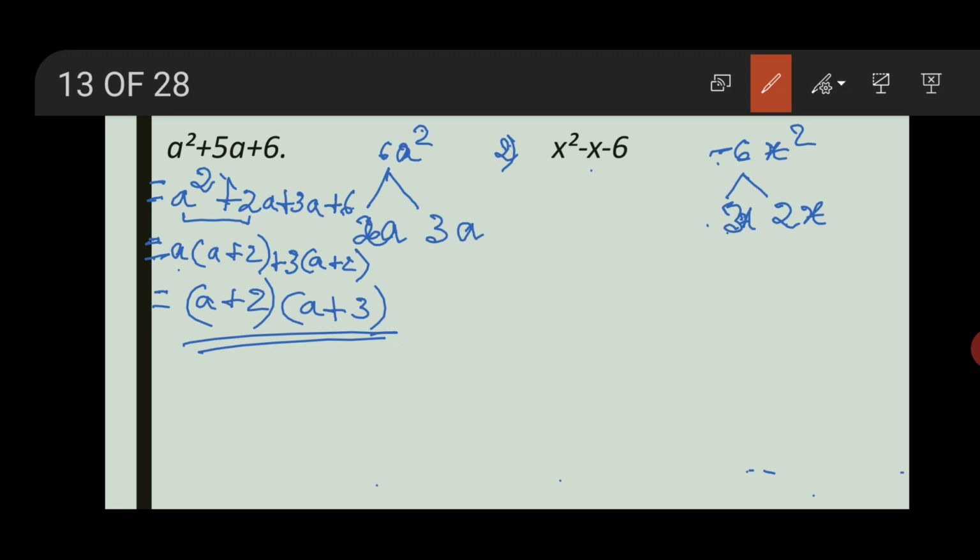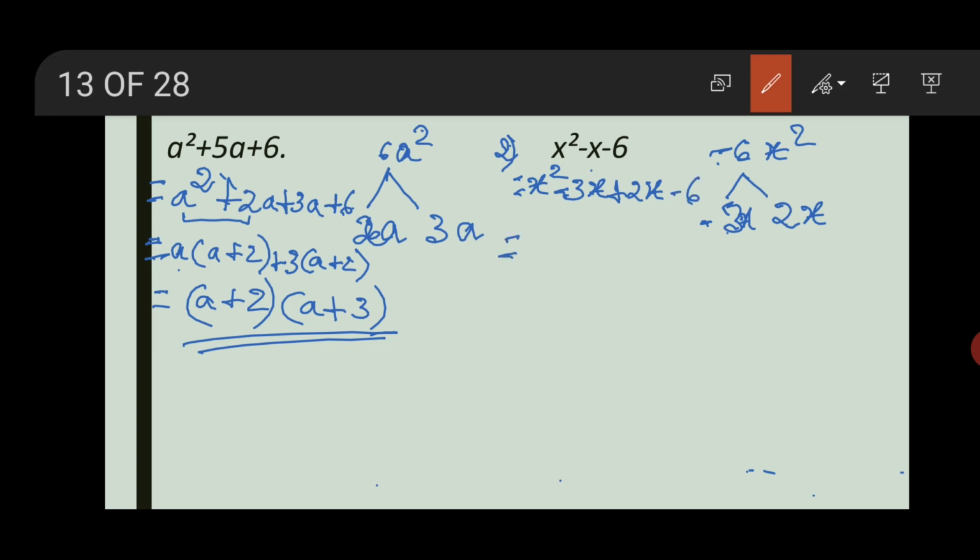Because middle term is having negative sign, so put it into first larger number, minus 3x and plus 2x. So we will write first term as it is, minus x as minus 3x plus 2x. Write the last term as it is.